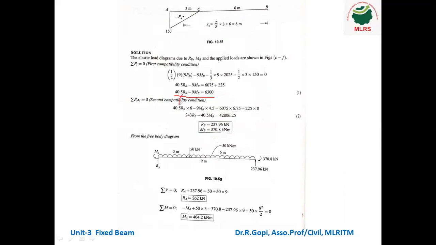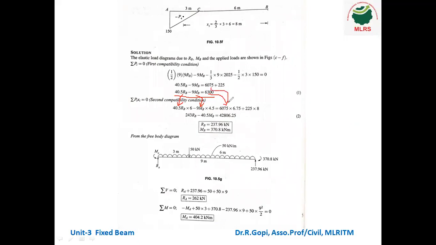Okay. Next come to the second compatibility condition. So same value right here. So 40.5 RB, 9 MB, and 6,300. That means 60.75. So since two diagrams are there, two centroids are different.